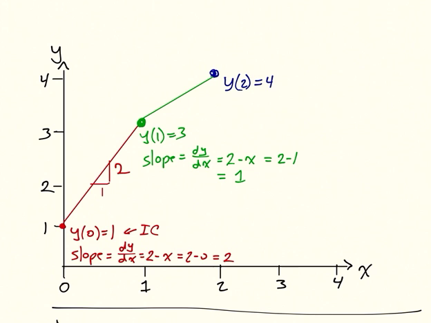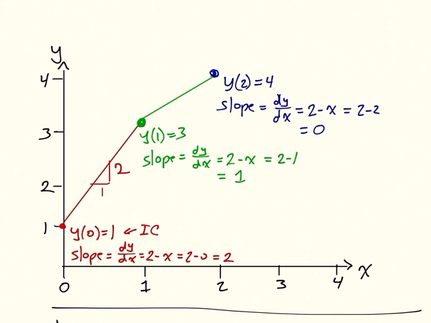So now we have 3 points in our solution. And here we know the slope is equal to dy/dx, which is equal to 2 minus x, and now we're at x equal to 2, so this is just 2 minus 2, which is equal to 0.